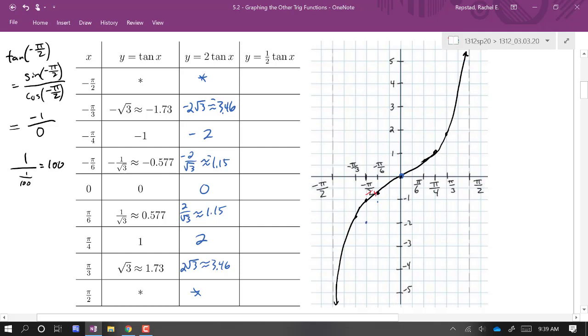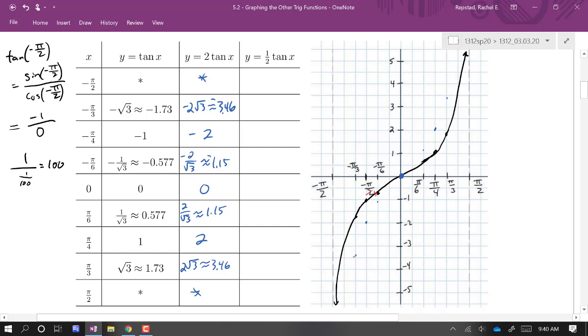And then negative 3.46, so just about negative 3.5. At pi over 6, we're at 1.15. At pi over 4, we're at positive 2. At pi over 3, pretty close to 3.5. And then again, it still blows up.